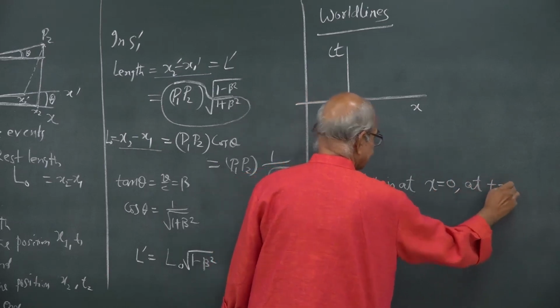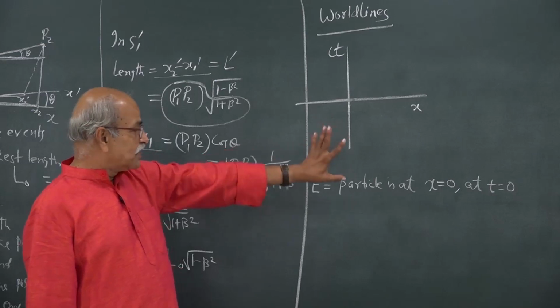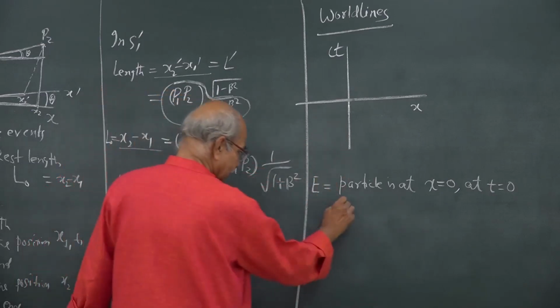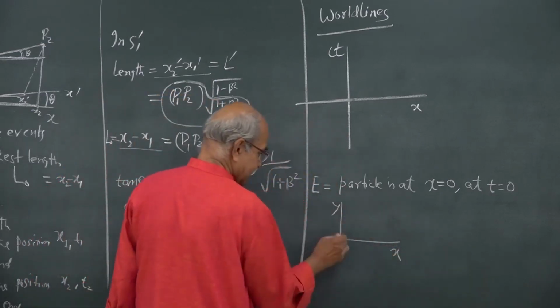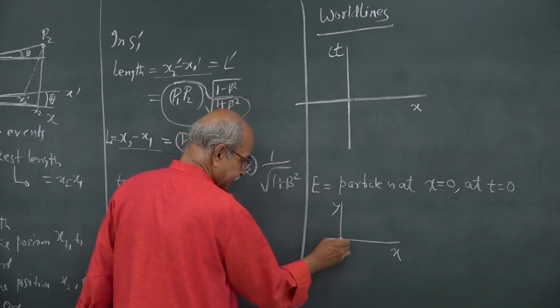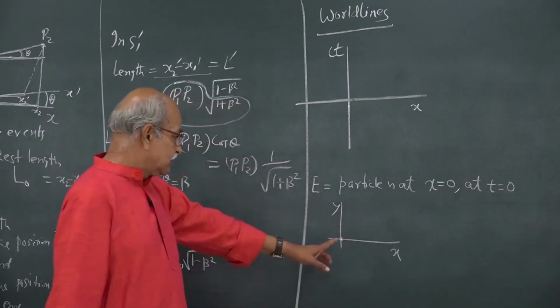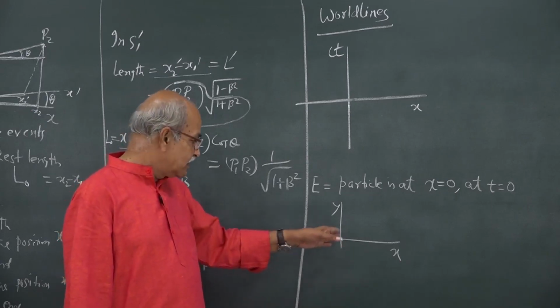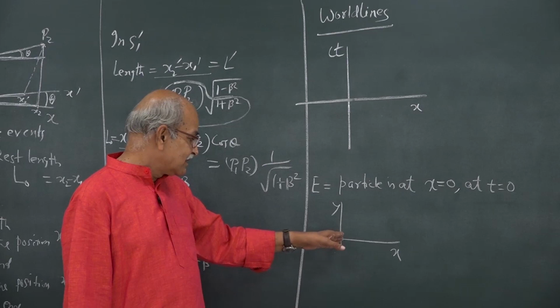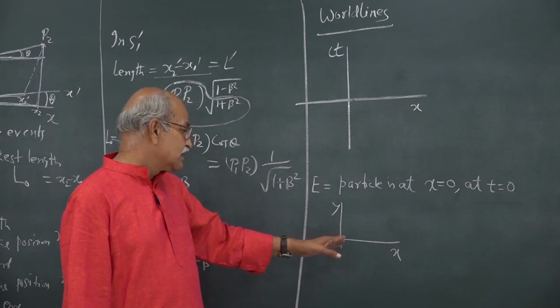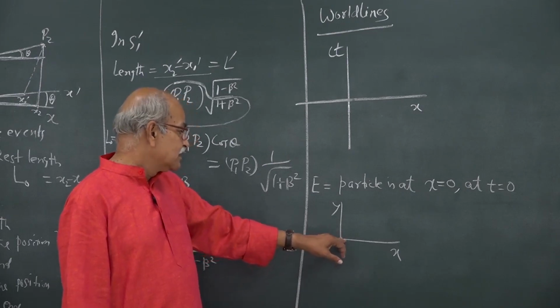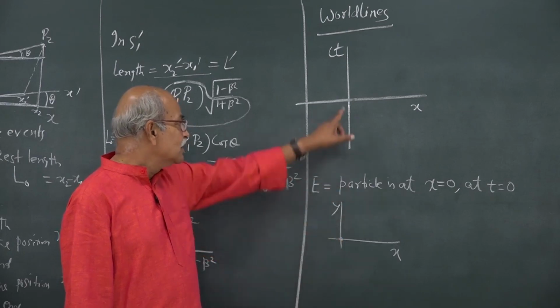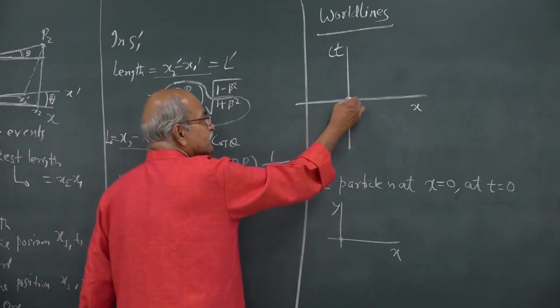Let us say at t equal to 0 the particle is at the origin. So in our real space this is the x axis, this is the y axis, and the particle is here, and this is the origin of S, and when the particle is here I am calling that instant t equal to 0. Since x is equal to 0 and t equal to 0, it is represented by a point here.